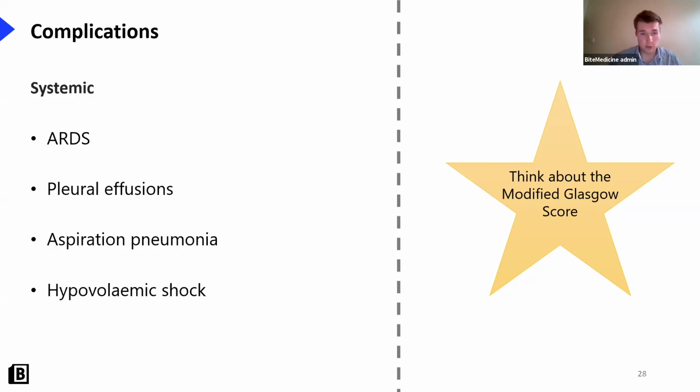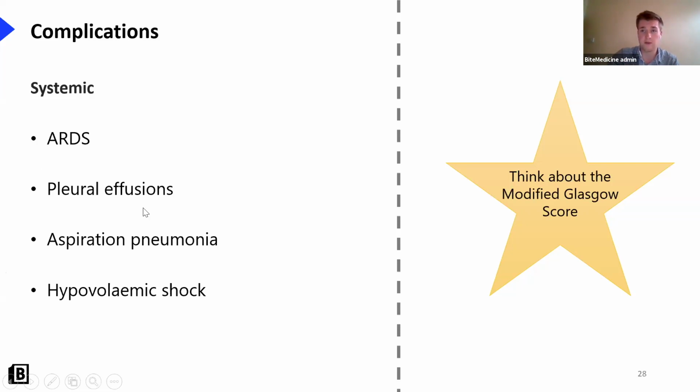Some further systemic causes, again, some of these link to our systemic inflammatory response syndrome and third spacing. So ARDS is essentially fluid within the alveoli, so you just cannot oxygenate your blood, unfortunately.